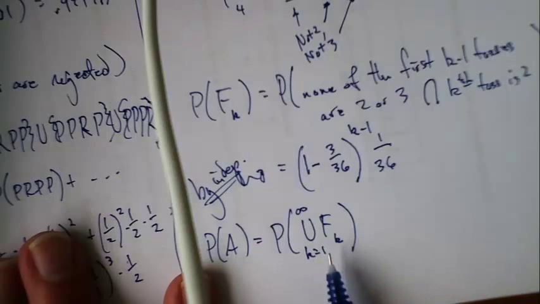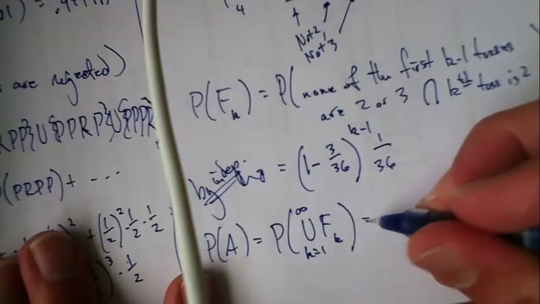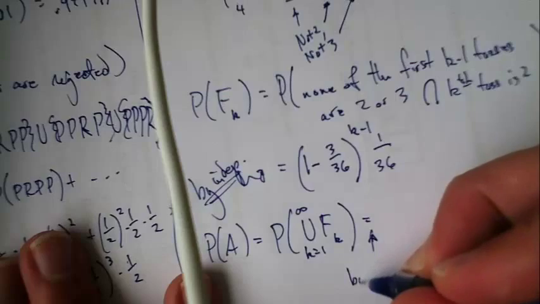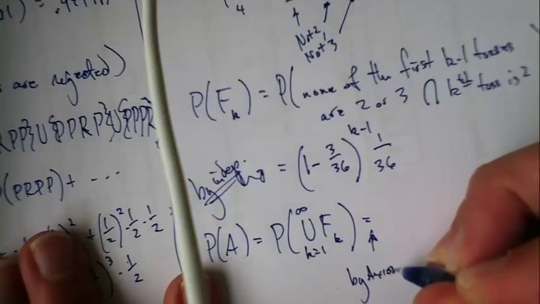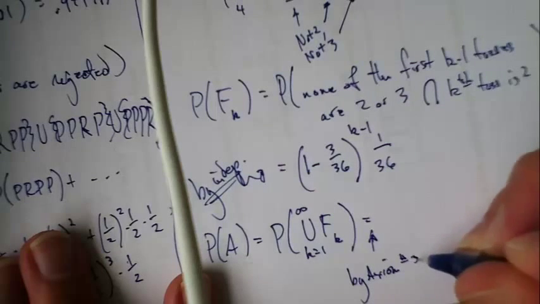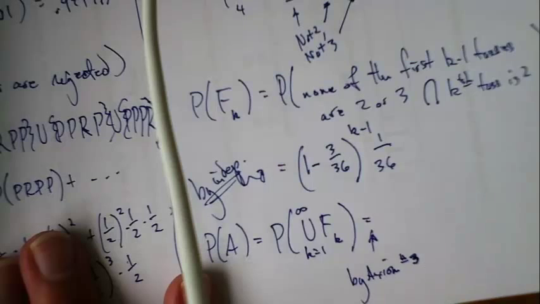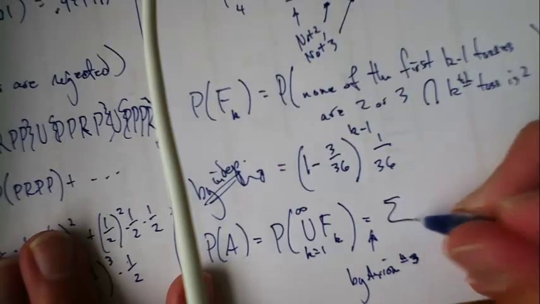If you think about it carefully, these are all disjoint events, so by axiom 3 I can write this as an infinite sum.